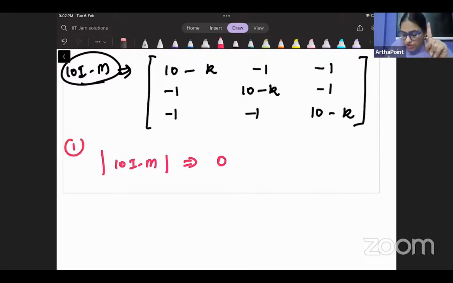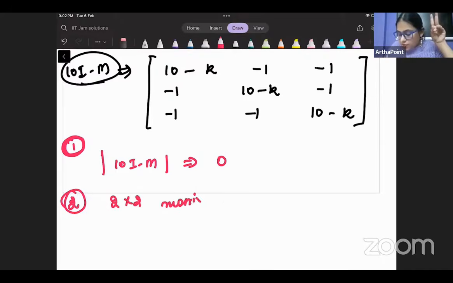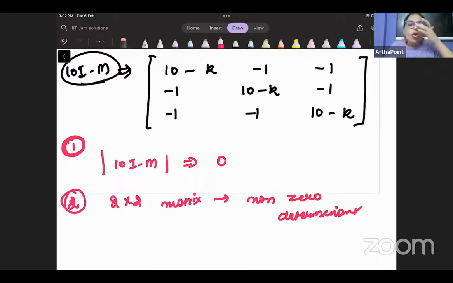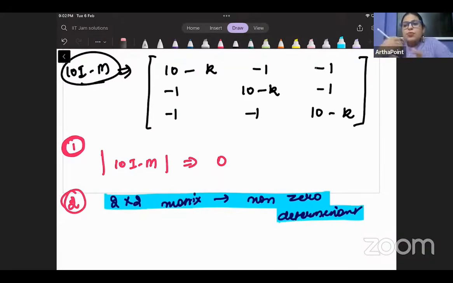पहली चीज, I want the determinant of this matrix to be 0. बेटा, second thing, एक और चीज ध्यान रखनी पड़ेगी, that all 2 cross 2 matrices should have non-zero determinant. क्योंकि 2 cross 2 matrix का भी determinant 0 हो जाता है, तब तो प्रॉब्लम हो गई ना, तब तो रैंक 1 हो जाएगी.